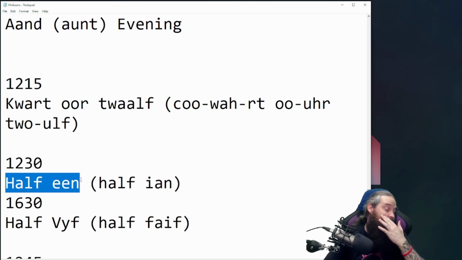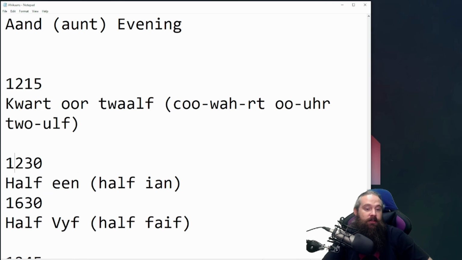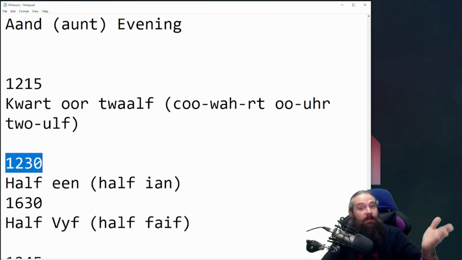12:30. Okay, in English, like I said, in Afrikaans, we say half one, half one. We're halfway there. Whereas this is 12:30, not 1:30. You see, that's the Afrikaans mix-up we have.